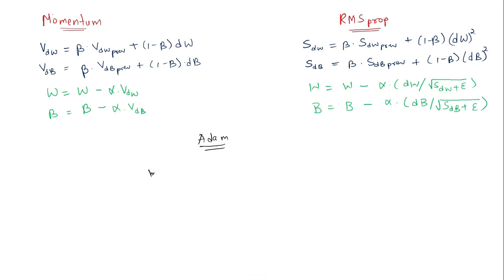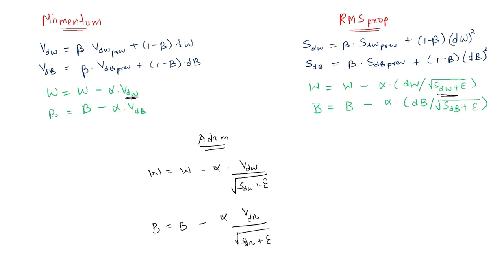So the weight updation in ADAM will be given by combining both the VDW of the momentum and this term from RMS prop, and it will be given by VDW divided by the square root of SDW plus epsilon. And similarly for B, it will be given by VDB divided by SDB plus epsilon.